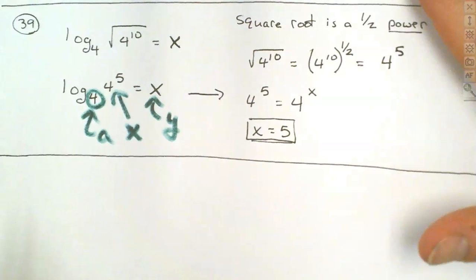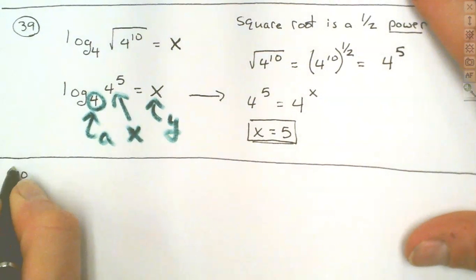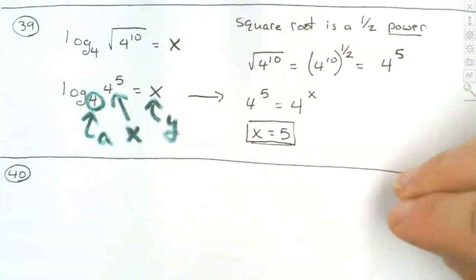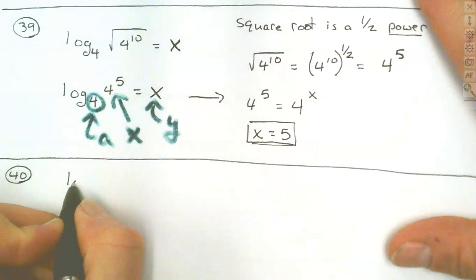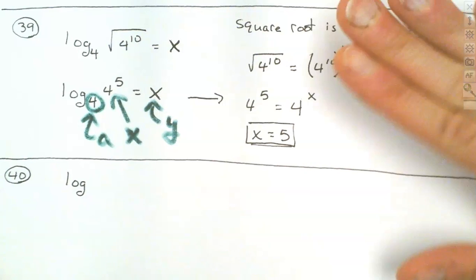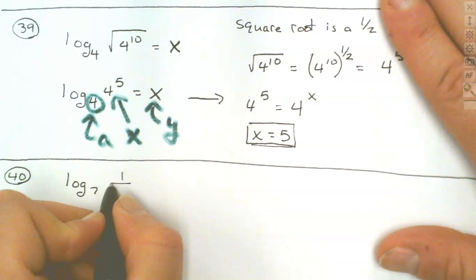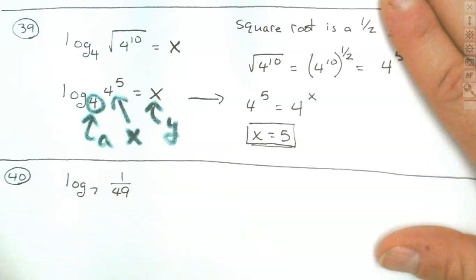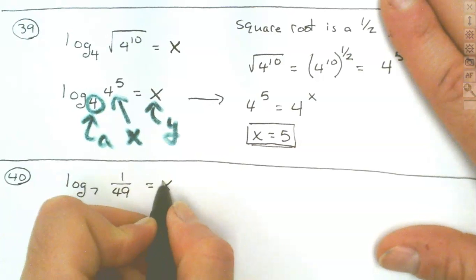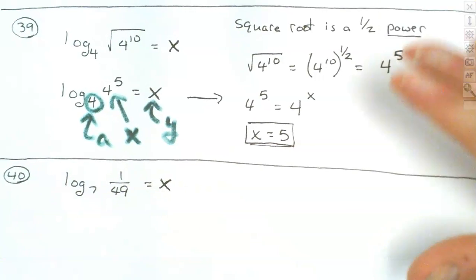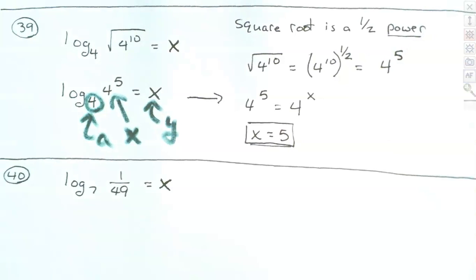Well, let's look at 40. Question 40 is log base 7 of 1 over 49 equals x. So we can either work with that 1 over 49 now, or we can work with it later. I'm going to go ahead and work with it now.